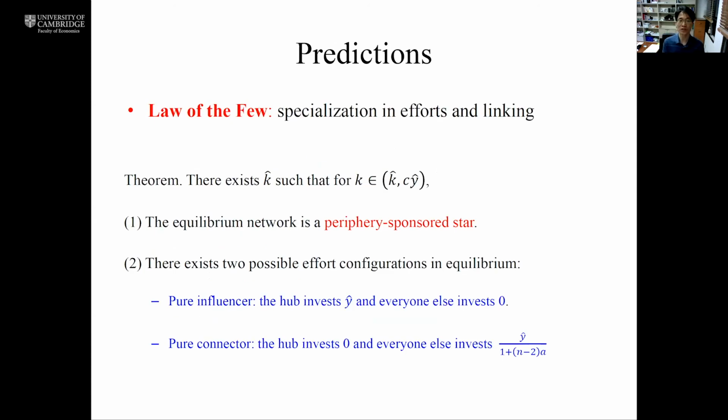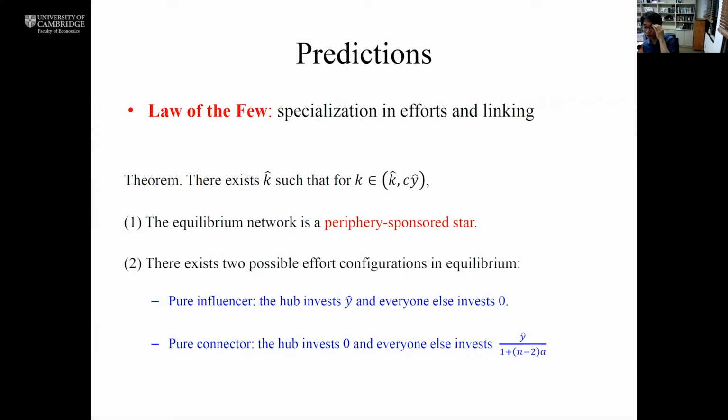The prediction of the theory is basically the law of the few, in the sense that society has specialization in effort and linking, meaning that a few individuals become the hubs, and the effort distribution is also highly concentrated on a few individuals.